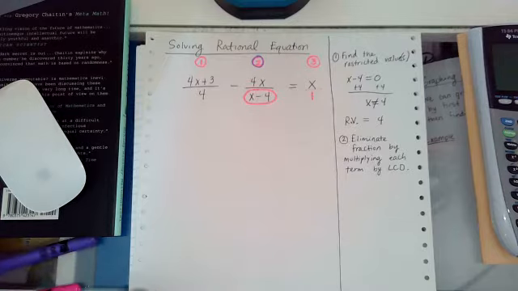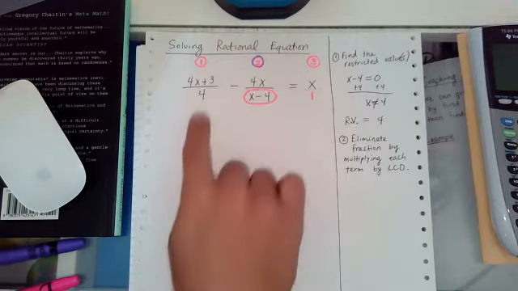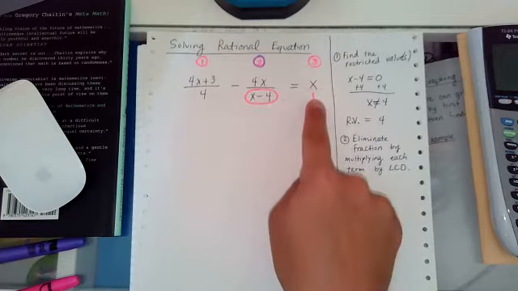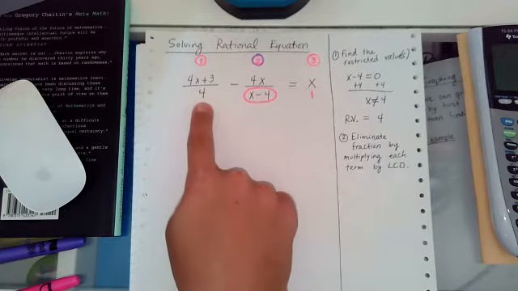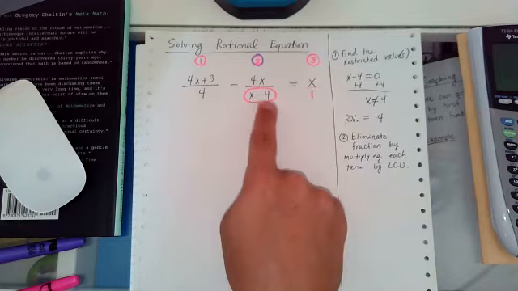Well, so far, if we examine all the denominators, we have a 4, we have an x minus 4, and we have a 1.